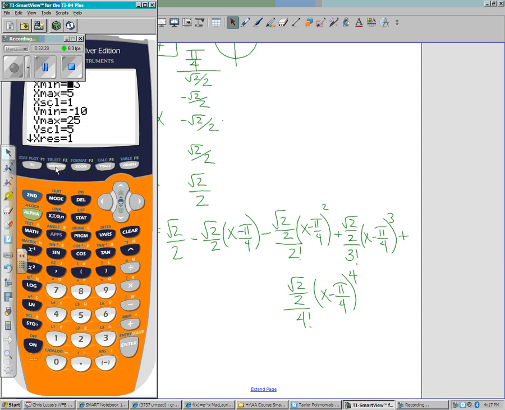So I'm going to go from 0 to pi over 2, so halfway through there, scale it by pi over 4. We only need to go down to negative 1, so I'll just go negative 2 to 2, scale it by 1s.